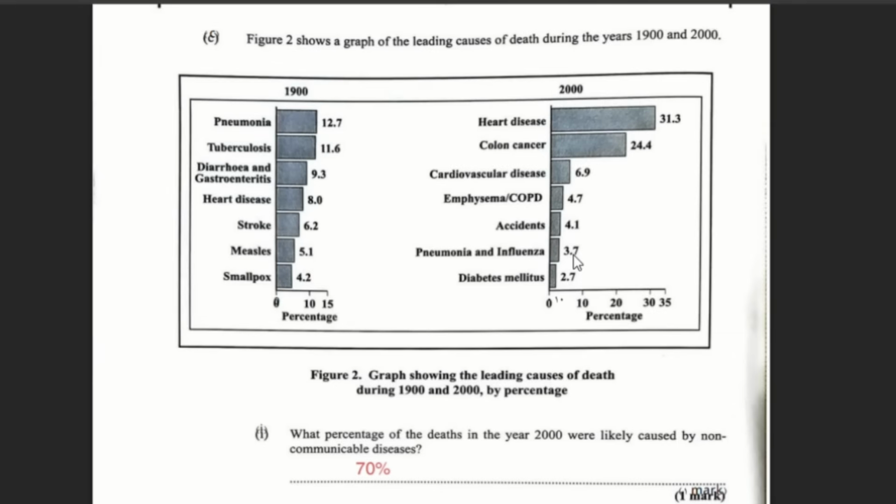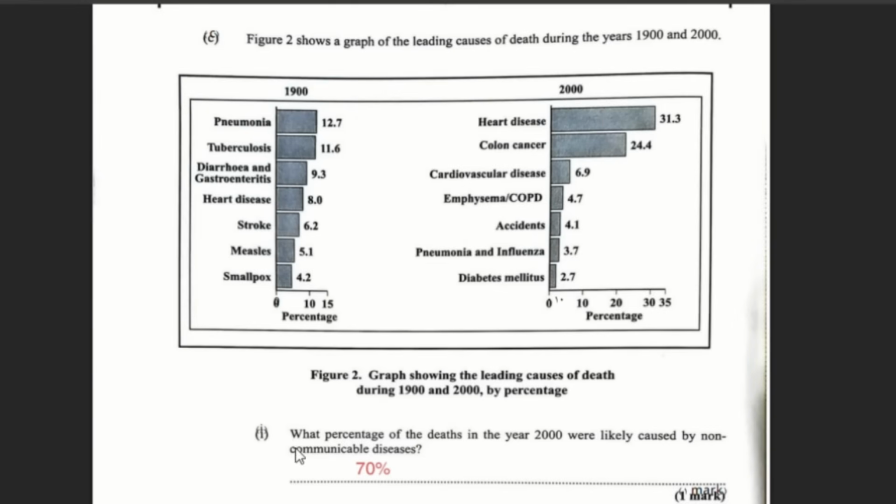And pneumonia can also be contagious. Then diabetes mellitus is non-communicable. So non-communicable, non-communicable, non-communicable, non-communicable, communicable, and then non-communicable again. And then accidents are not necessarily considered diseases, so we're not going to count them.